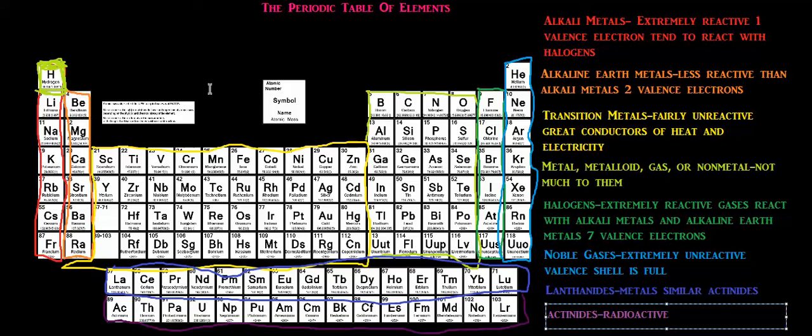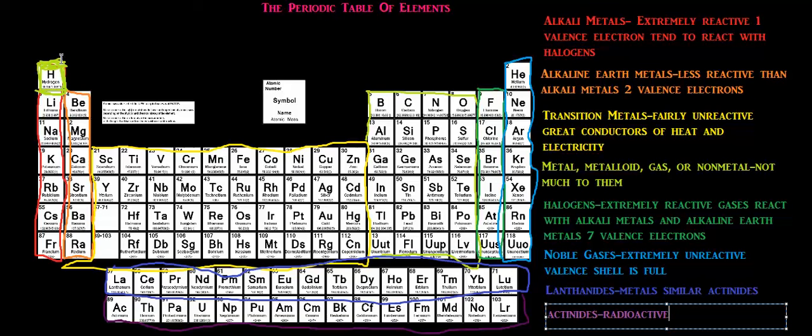Okay, actinides are radioactive, and the way I remember where each of these are placed, I always think to go from left to right, in exception to hydrogen. So I think the metals go first, and then the transition metals transition the metals into more of a weird state, and then gaseous with the halogens and noble gases.